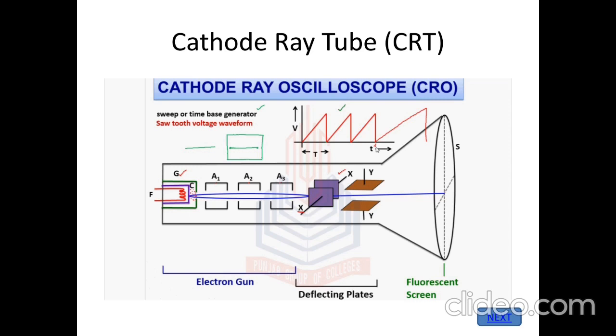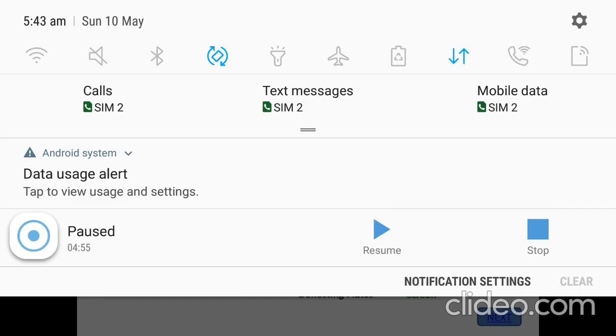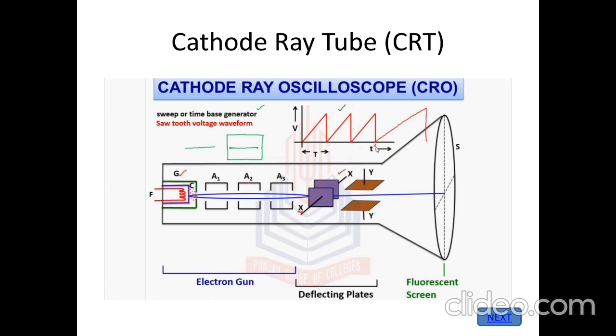So these anodes are used for focusing. Thus by controlling the positive voltage applied at the anode, the focus of the beam can be controlled. So if you want to control the focus of the beam, you have to control the positive voltage. If you want to control the intensity of the beam, you have to control the negative voltage.